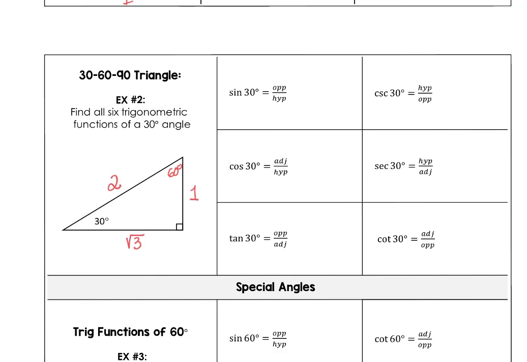Again, when we use the relationships for the trig functions, sine of 30 is opposite over hypotenuse, which in this case is going to be 1/2. And if we flip that over, cosecant, hypotenuse divided by 1, would be 2. Cosine is adjacent over hypotenuse. So flipping that over and rationalizing the denominator, 2 square roots of 3 over 3 would be our final result.